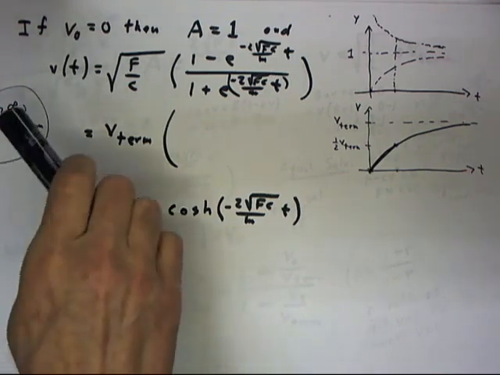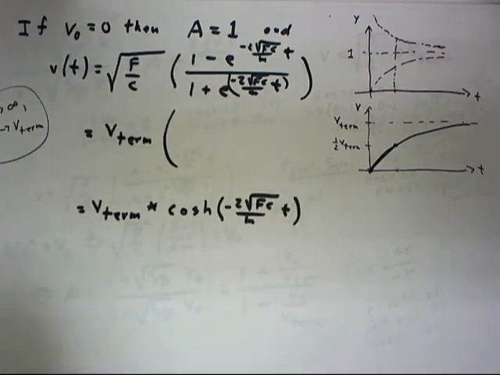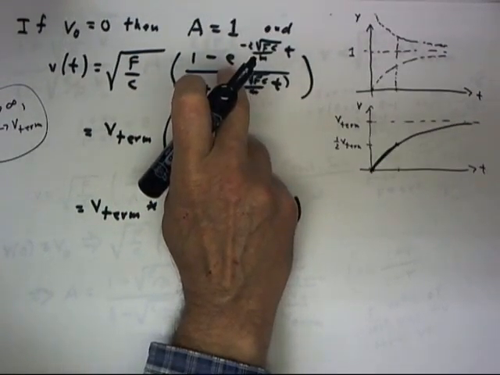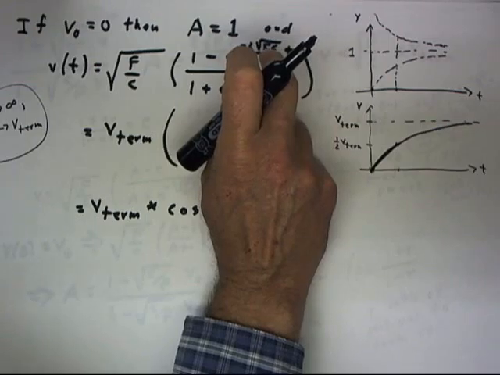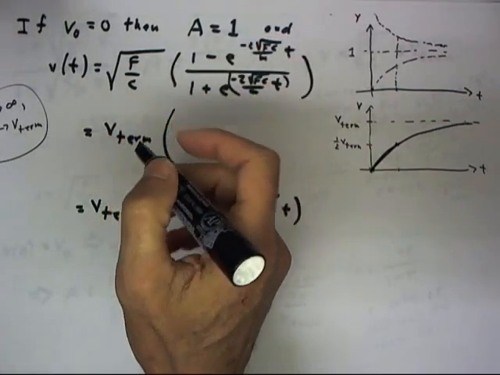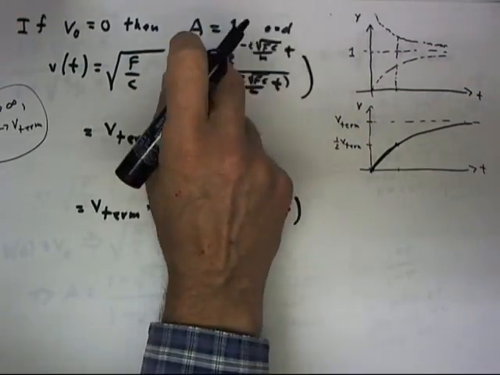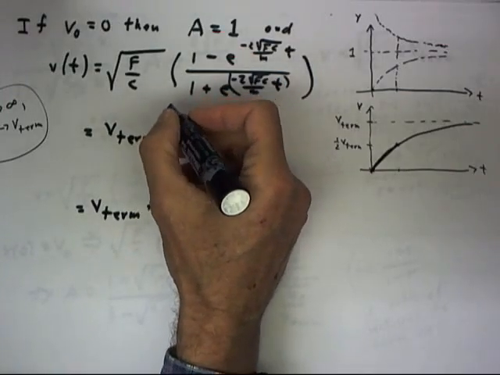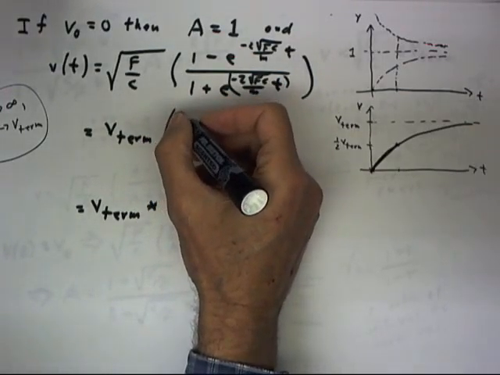Okay, I'm going to do an intermediate rearrangement here. Actually, let's multiply the numerator and denominator by e to the square root of fc over m times t. I'm not going to write that out.